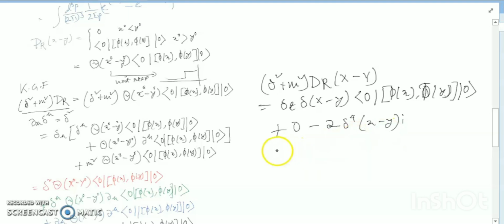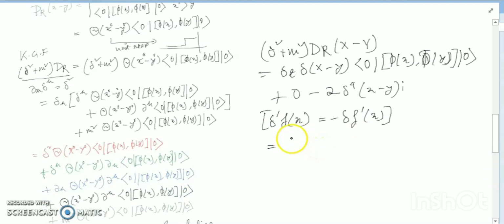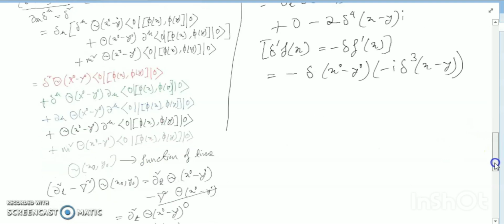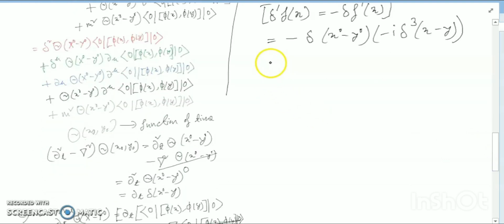So this value can be written, using this result, as minus del (x0 minus y0) into minus i, del to the power 4 (x0 minus y0).